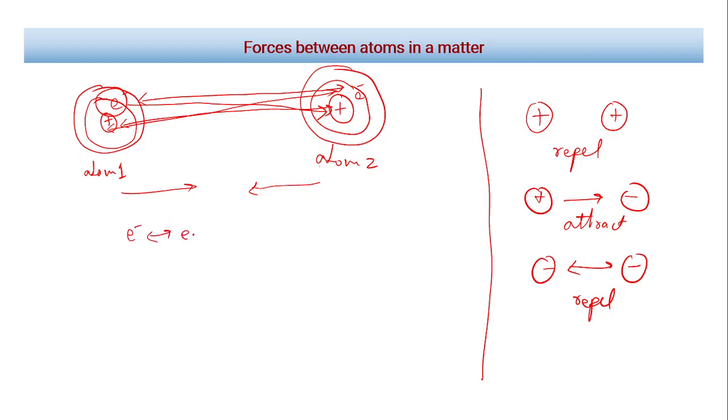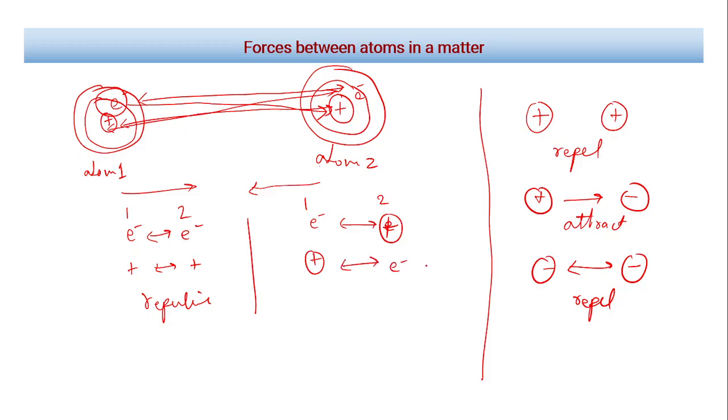Electron repulsion, positive core repulsion, and then the electron of atom 1 attracting the positive core, the nucleus as we also call it, of the other atom. And the positive core of the first atom is attracting the electron of the second atom. So both situations are happening: repulsion and attractive forces.